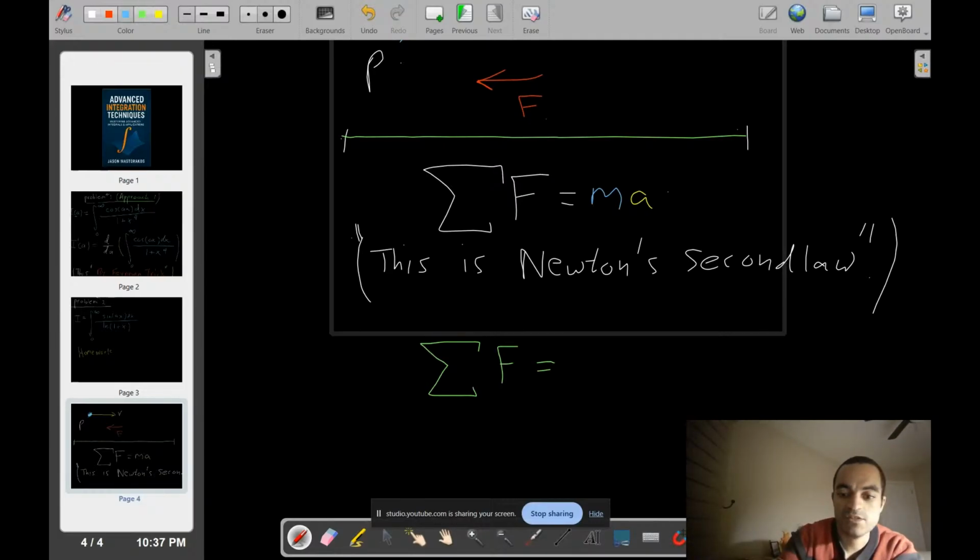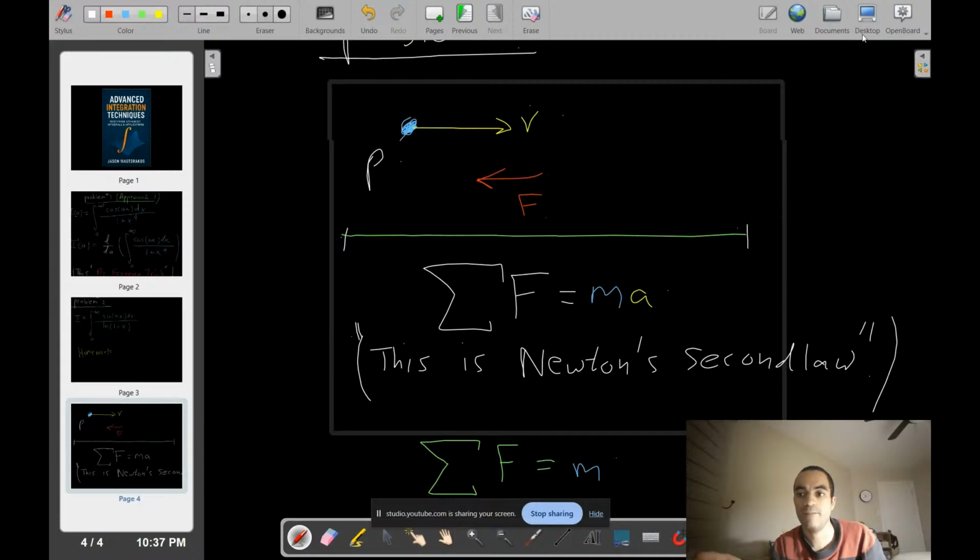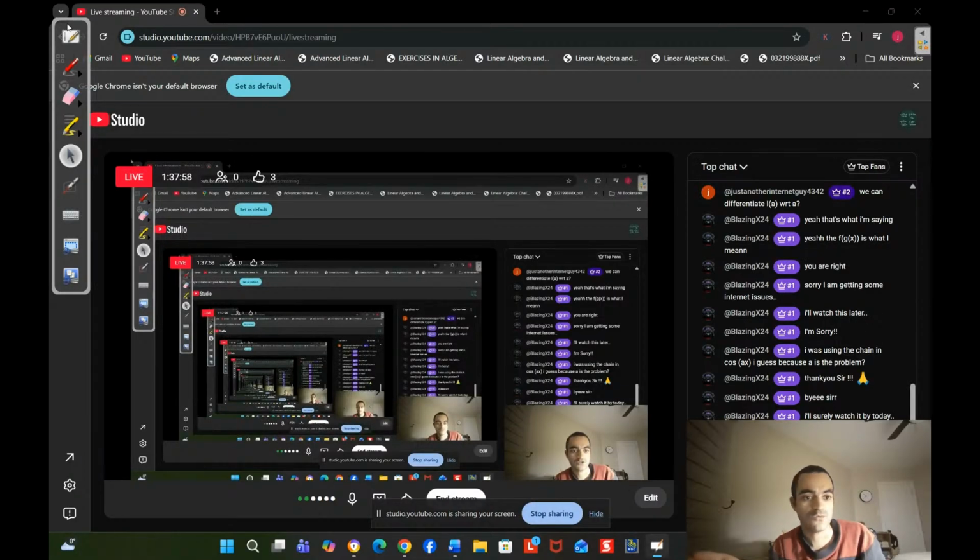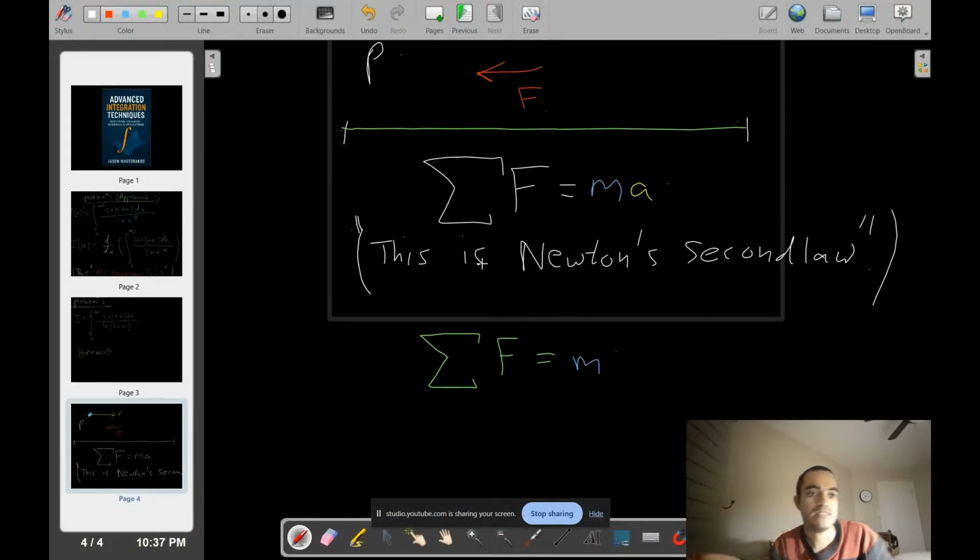Now I can change my a. My a is the second derivative of the position, or the first derivative of the velocity with respect to time, right? Because this particle is moving with respect to time. Everything is with respect to time, right? So in reality, what we have here is m dv/dt.